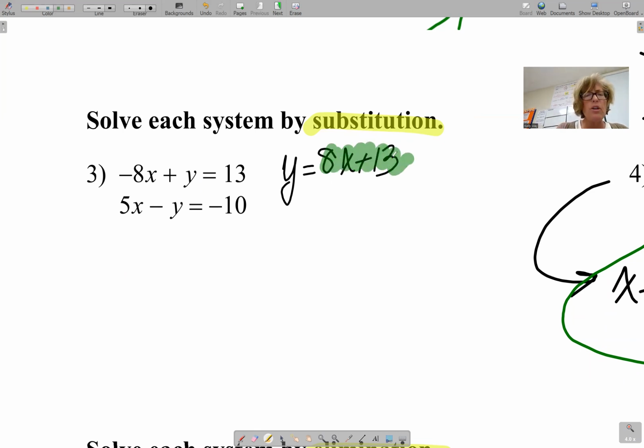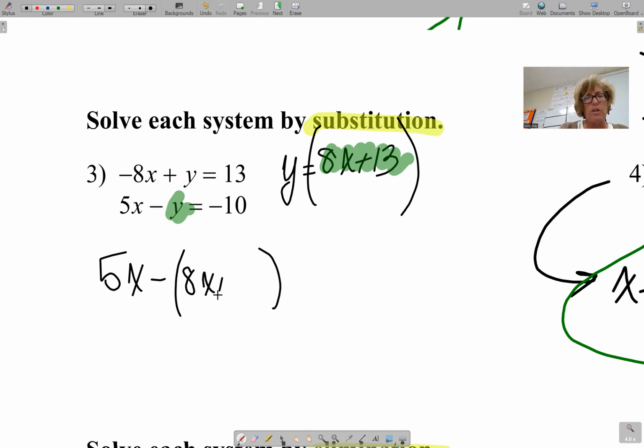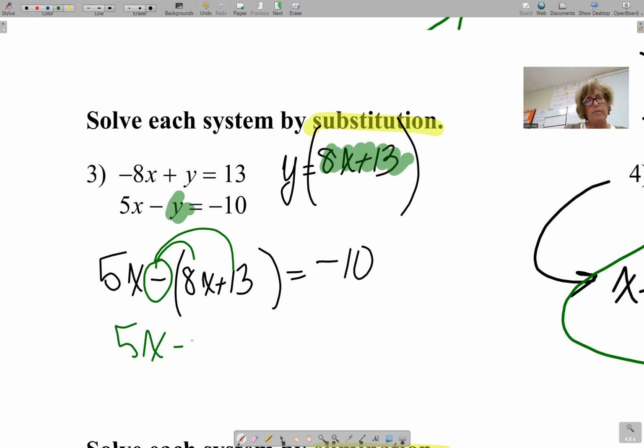We're going to plug that value of y right there. So I have 5x minus, here's the trick, that's a single entity. Make sure you get parentheses around that, equals -10. Very important. This is where students get caught, is they forget to distribute that negative sign to both terms. Combine like terms.